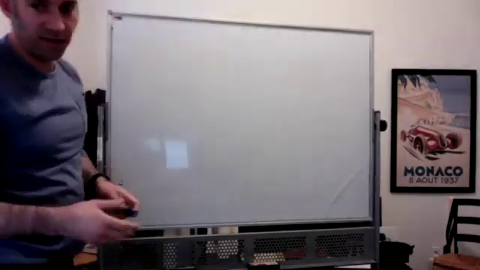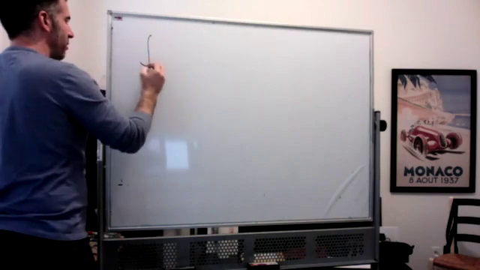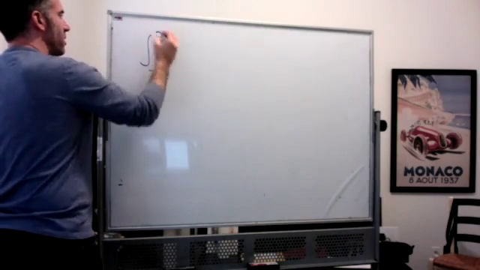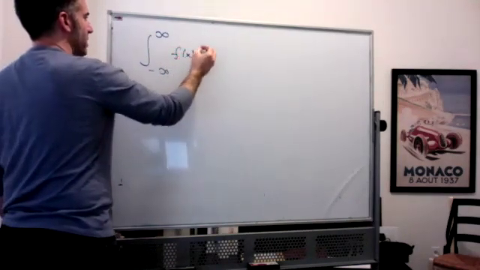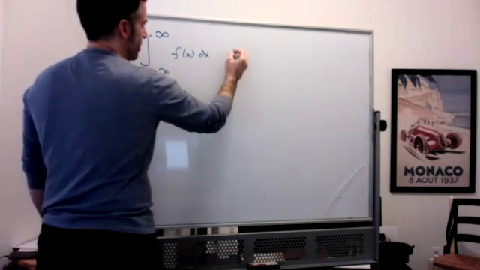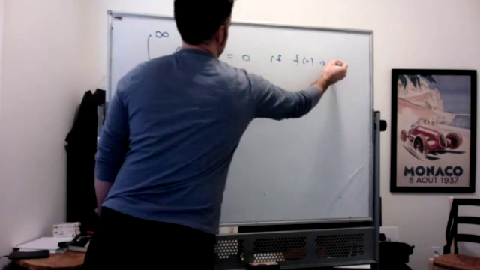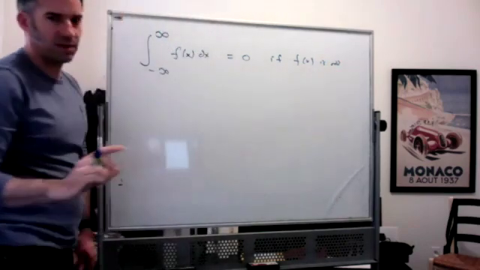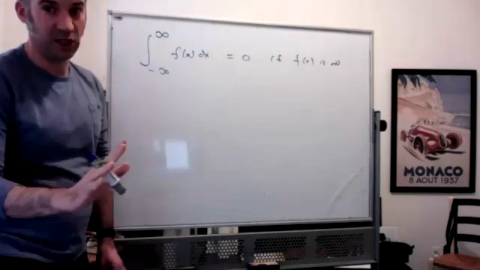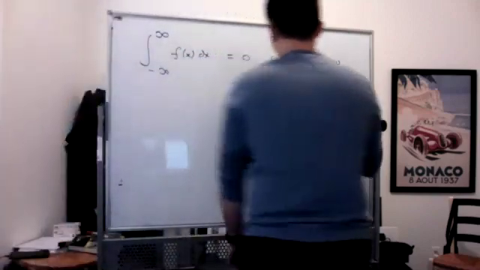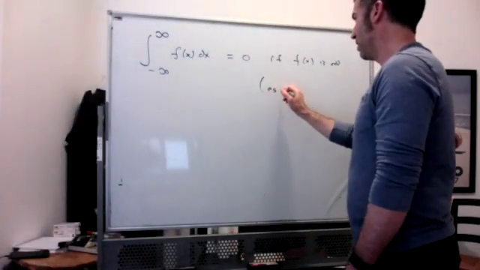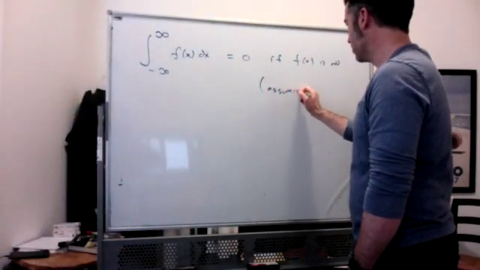So the thing I need to clarify is this. It is true that the integral from negative infinity to infinity of f of x dx is equal to 0 if f of x is odd, with one kind of extra condition. And the extra condition is assuming it's convergent.